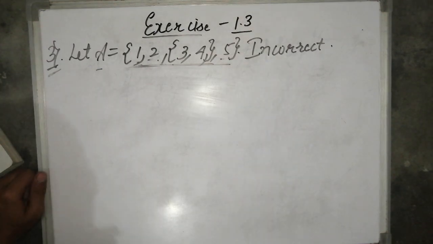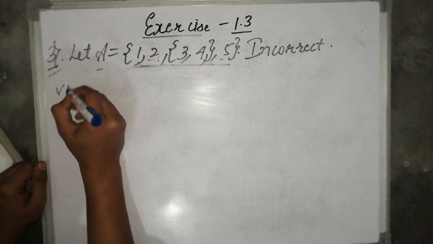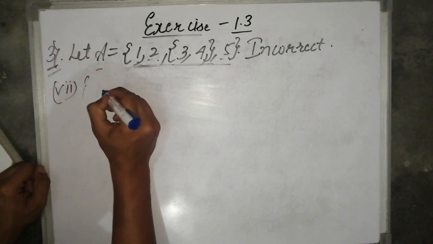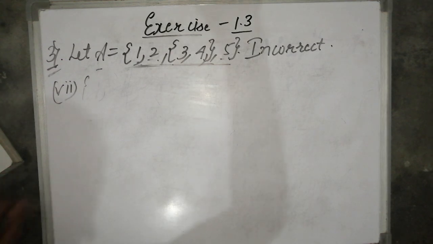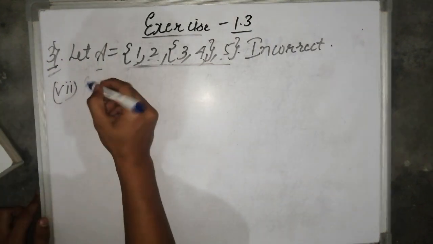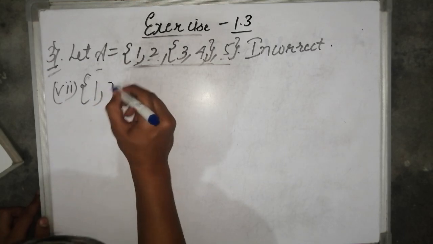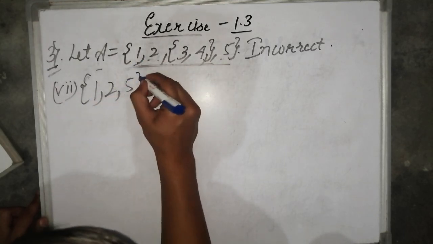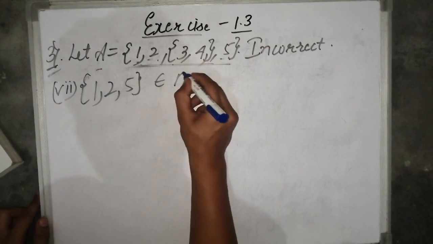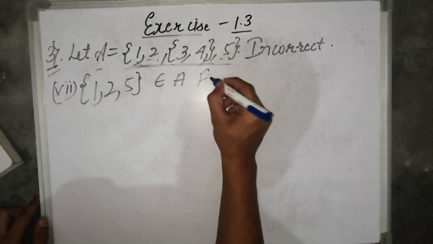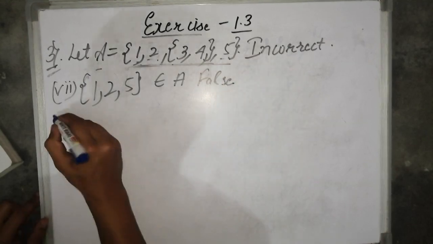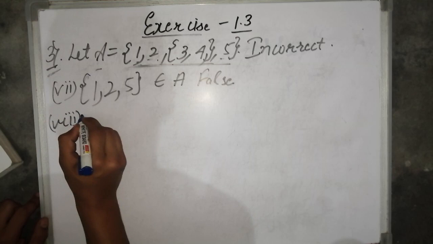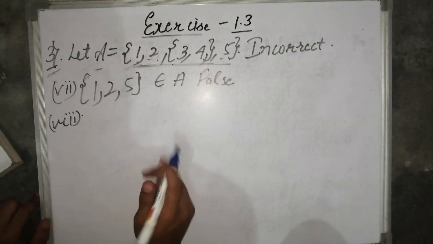Moving to the seventh part, we have {1, 2, 5} belongs to A. Yes, this is false. I won't explain again and again for a single part.